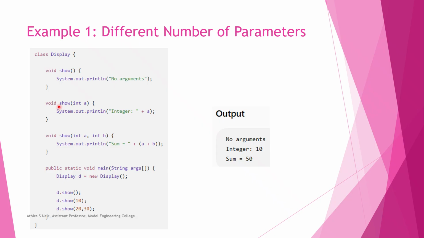So the second function is called, and then the output will be integer 10. Then the third function, d.show(20, 30). So here we have two parameters. So this function will be called and the sum is calculated and displayed as output. So here we have three functions with different parameter lists. This is how method overloading is done with different number of parameters.